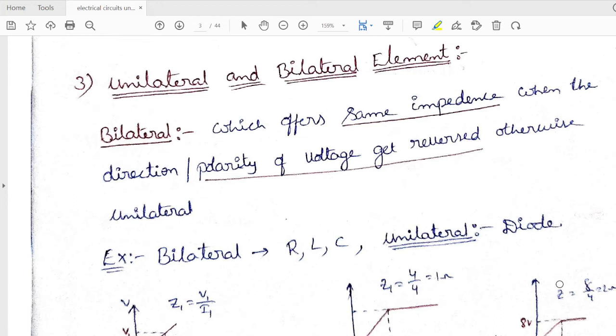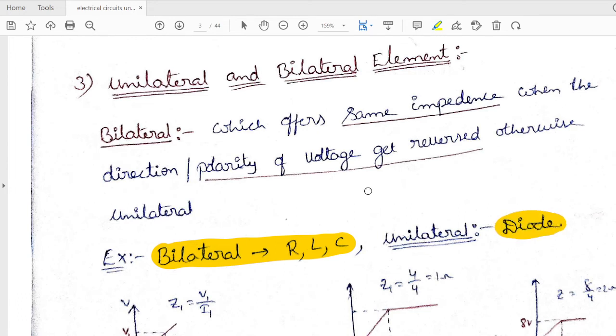Okay, so here I listed out some of the examples for bilateral elements and unilateral elements. Here, if you see, resistor R, L and C are examples for bilateral elements. Diode is an example for unilateral elements.